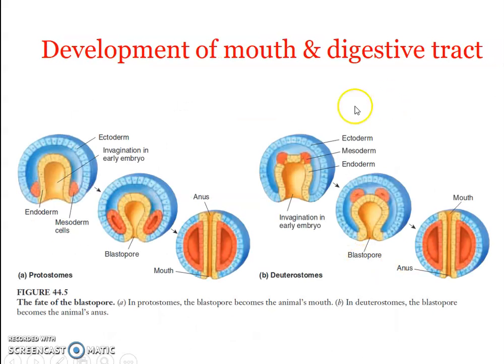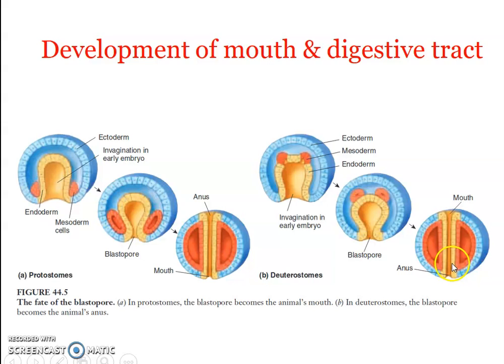Now what happens in deuterostomes? Here the blastopore develops into the anus, and the mouth is formed from another opening which appears later during embryonic development. Deuteros means second.